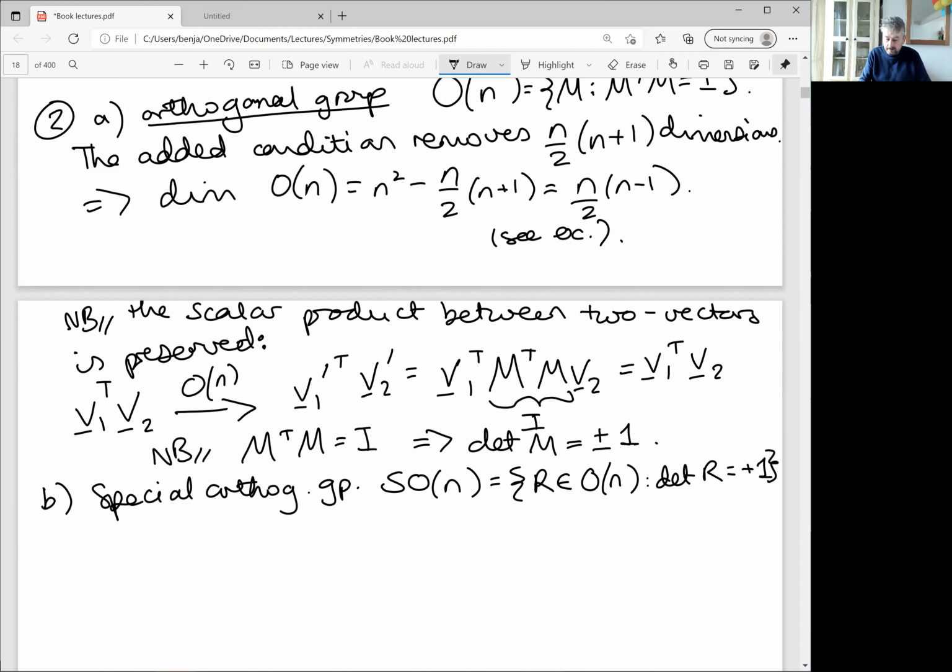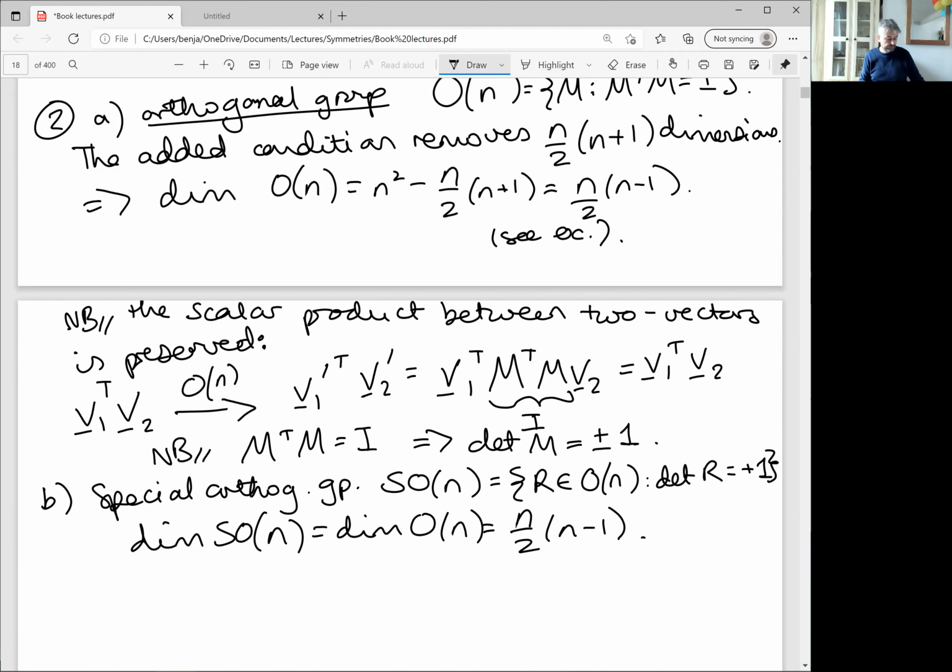So in the orthogonal group, you can have both signs of the determinant, but when we have a special orthogonal group, the determinant is plus 1. Just choosing the sign is a discrete choice, so it doesn't change the number of dimensions, which is about the number of continuous parameters. So the dimension of SON is the same as the dimension of ON, which is n over 2, n minus 1.